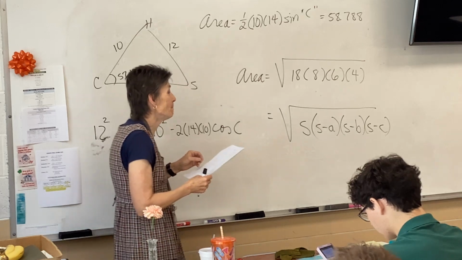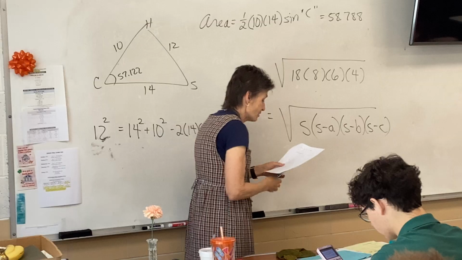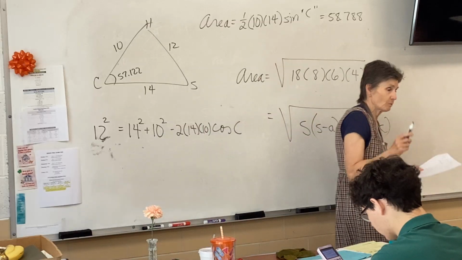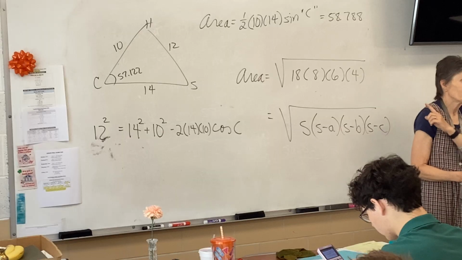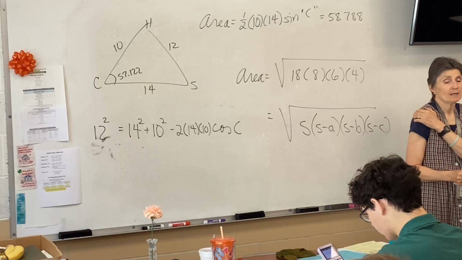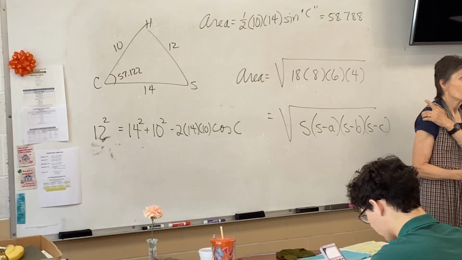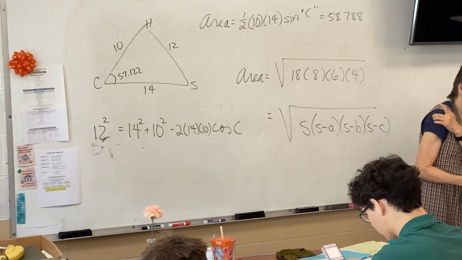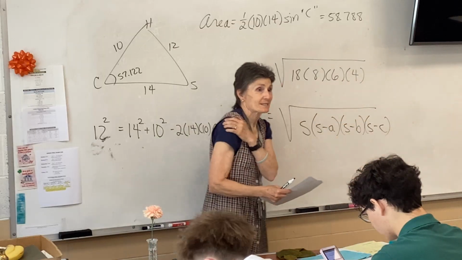All right, we have one more area problem to look at. Oh, by the way, this is in the Library of Alexandria. Hero's formula is not recommended unless you know all three sides. Any round-off error that you do is going to get multiplied several times.